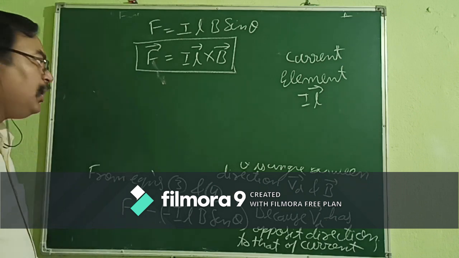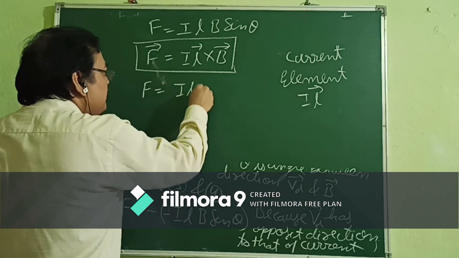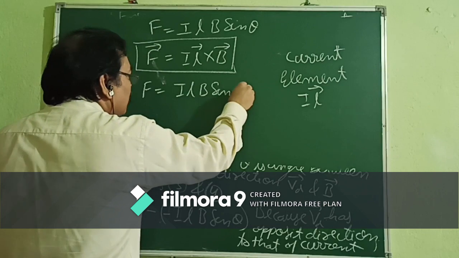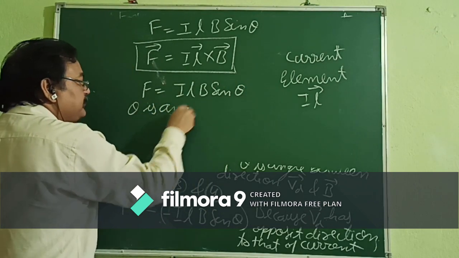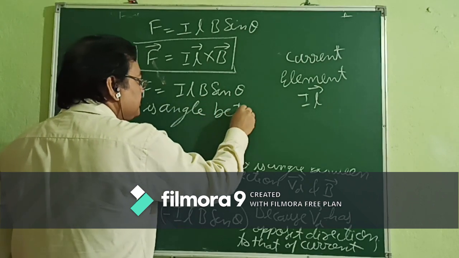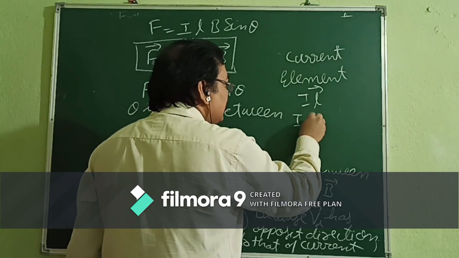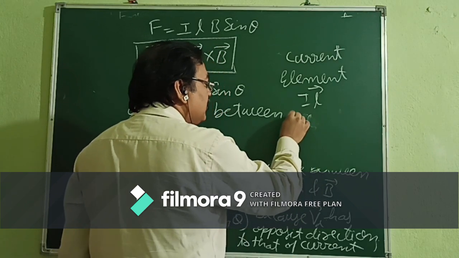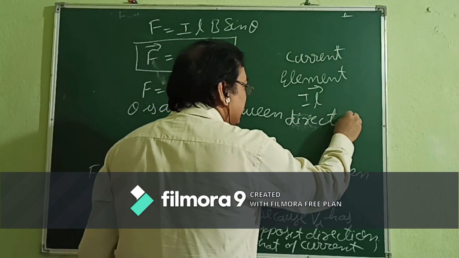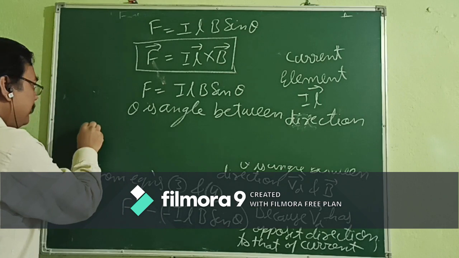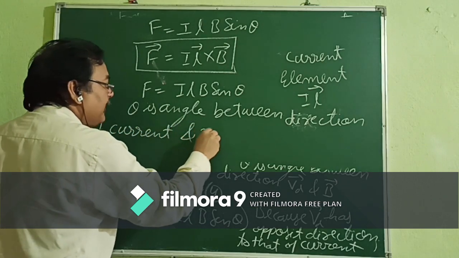If we are interested in magnitude, then what we can write? I L B sin theta. What is this theta? This theta is the angle between the direction of current and magnetic field.